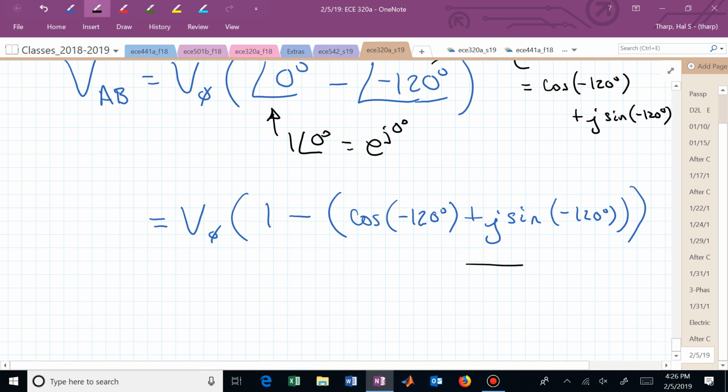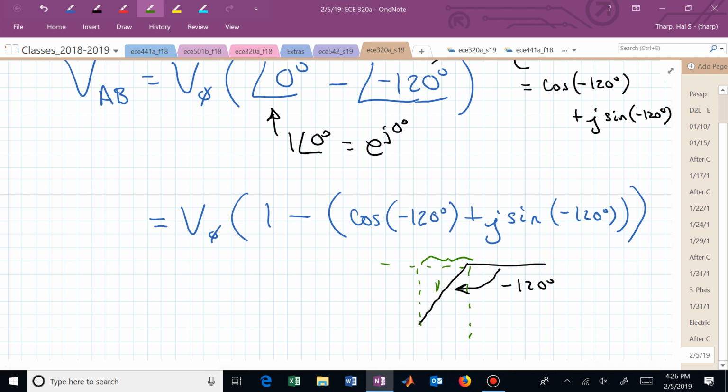Do you see what this is? Here's minus 120 degrees, roughly. And this length is 1. That's my hypotenuse. And so the cosine of this angle is that distance. What is that distance? If we wanted to think about it, this is a 30 degree, 60 degree right triangle.